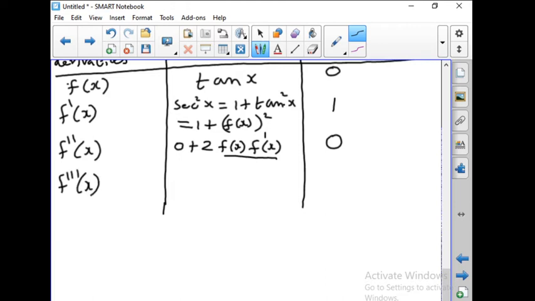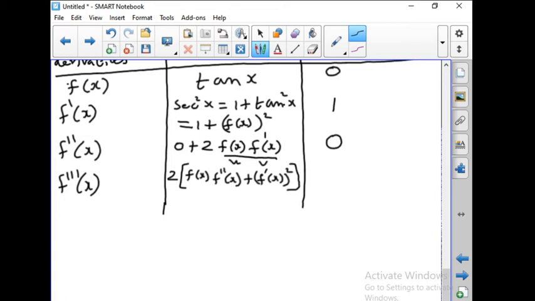So for f'''(x) we have to differentiate only this. So 2 into, there are two terms now; take this as u and this as v. So (uv)' is u v' plus u' v. So f(x) into f''(x) plus f'(x) into f'(x), which we can write as f'(x) the whole square.